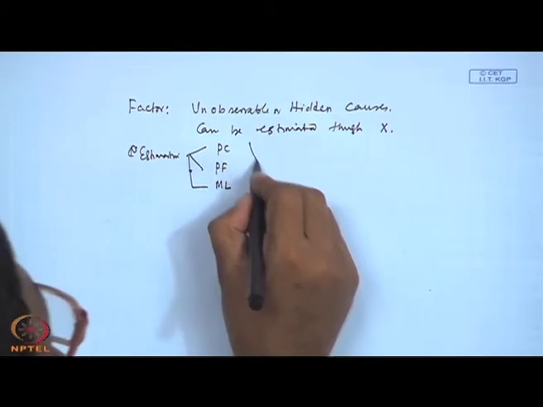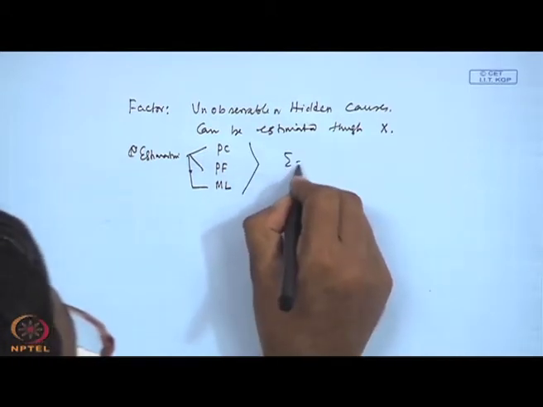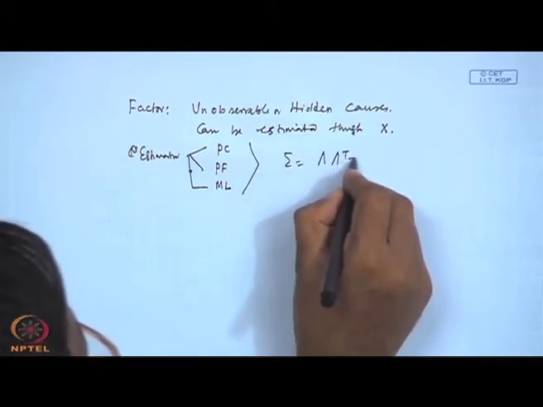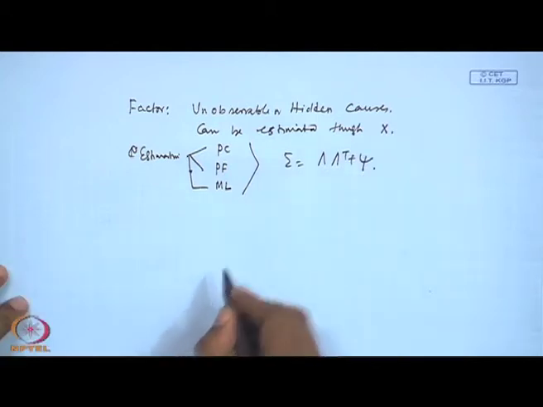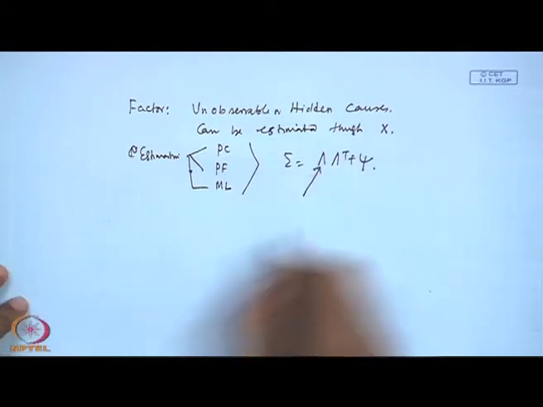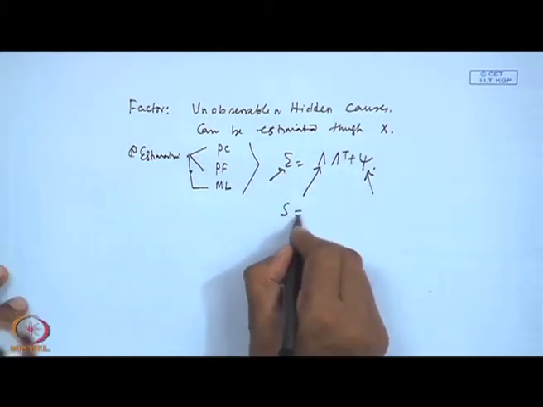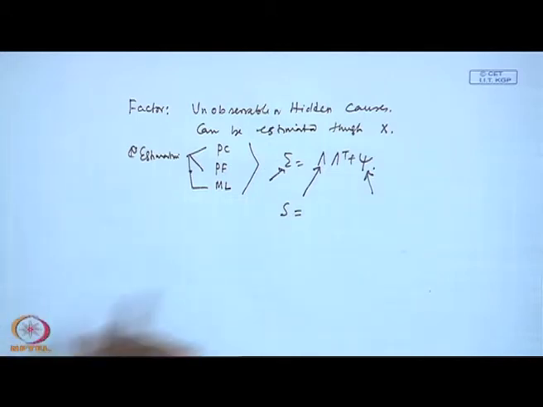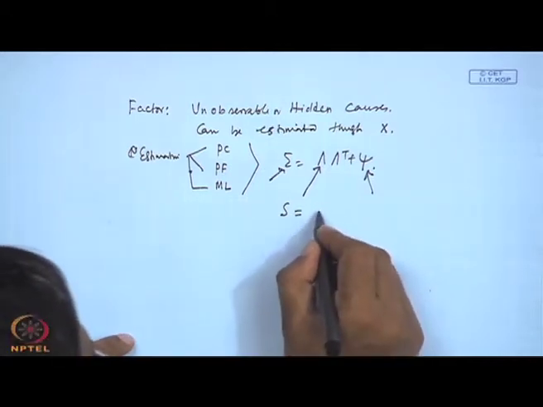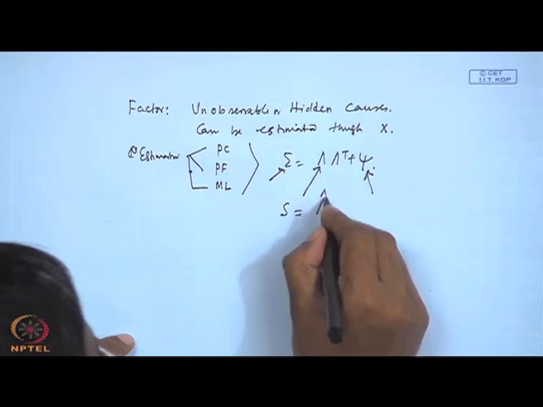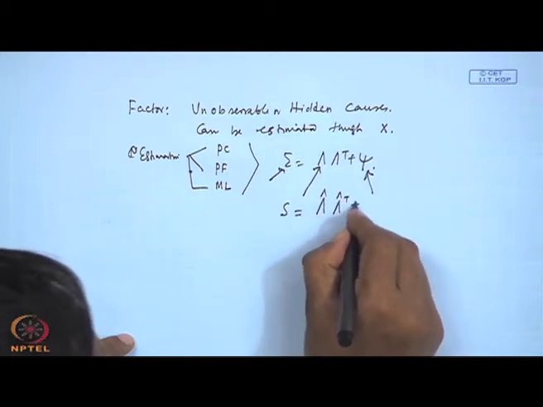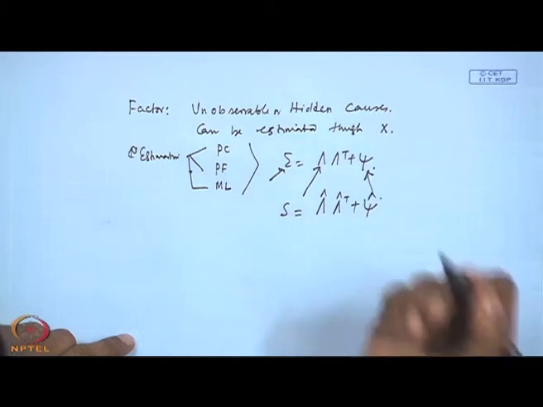The covariance structure is this, where this is the loading matrix, this is the specific variance, this is your original variance. You may go for S, and then you will estimate using one of the methods.